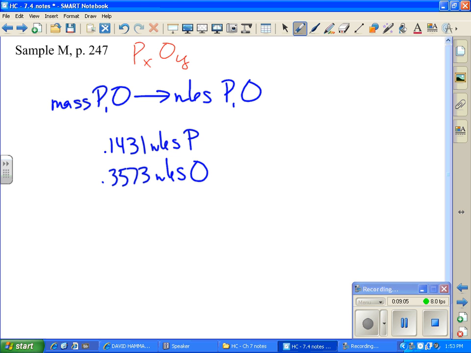You divide by the smallest, and you get 1 to 2.497, phosphorus to oxygen.